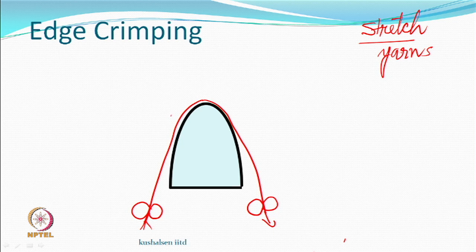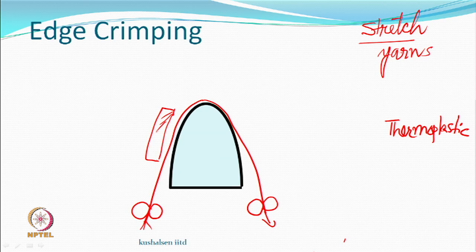you can, let us say, it is also easy to understand to begin with. It is also a thermoplastic yarn. So, you can put, let us say, a heating device as it is moving. Alternately, you can heat the edge also, but maybe it is easier to put a heating device.